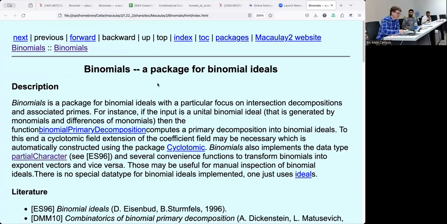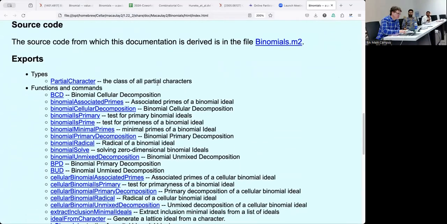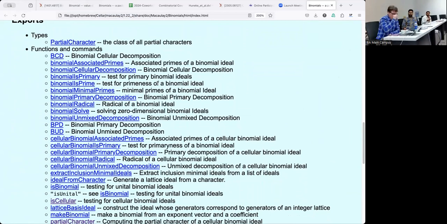Binomials is a package for binomial ideals, with the references, and this is some version. Here's a long list of functions. Whenever you do computations in Macaulay 2 with binomial ideals, there's a specialized function for this that works with binomial ideals. For instance, there's a general function is primary in Macaulay 2 that tests if an ideal is primary using the general algorithm.